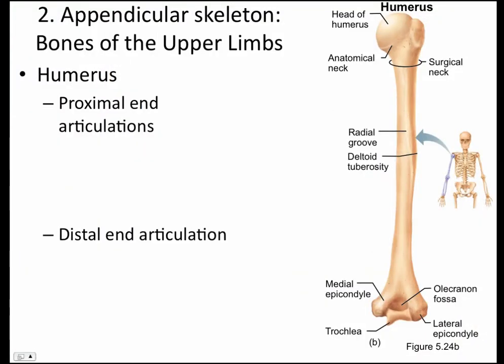Now let's look at the bones of the upper limbs. We have here the humerus, which we just saw in that last slide. And looking at the articulations for this, proximally we're going to articulate with the scapula, that glenoid fossa, and then distally we're going to articulate with both our ulna and our radius.